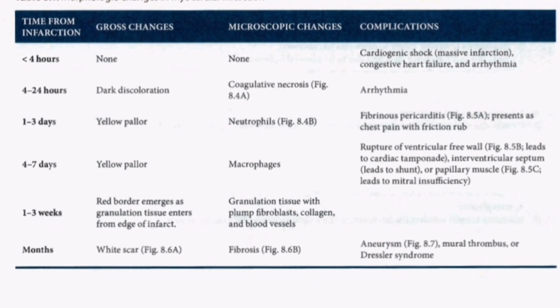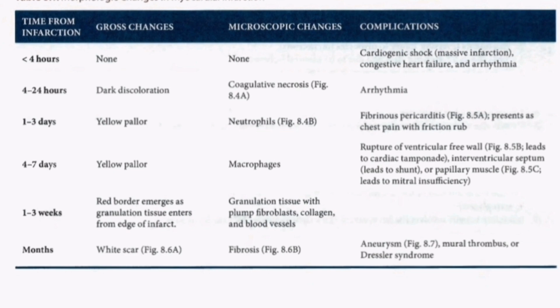If it is from 4 to 24 hours, meaning the first day, there will be dark discoloration as the gross change, and coagulative necrosis as the microscopic change. If it is from 1 to 3 days, there will be grossly yellow pallor, and neutrophils on microscopy.